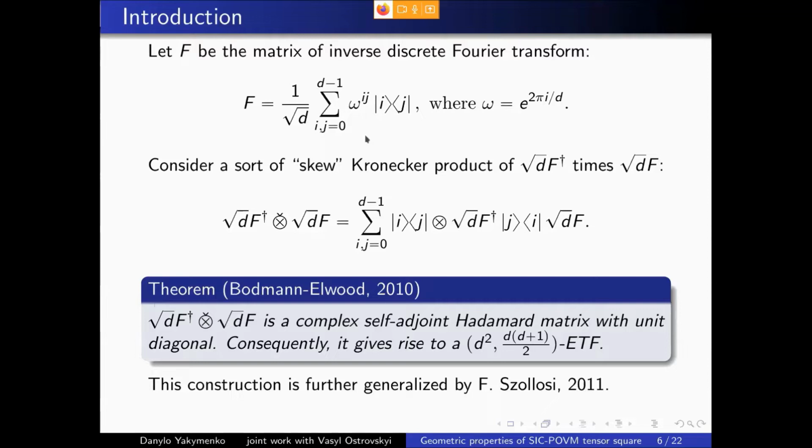And for this matrix, we can consider what I call a sort of skew-Kronecker product of a conjugate Fourier matrix and a Fourier matrix. It can be defined this way, where this is how I wrote this skew product.